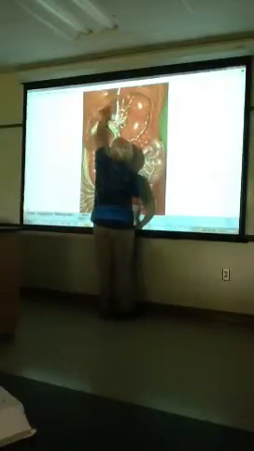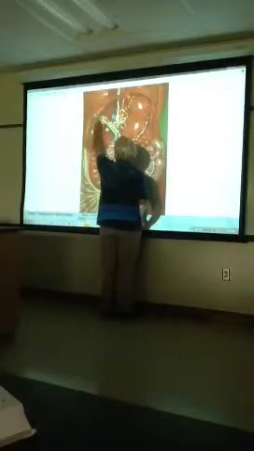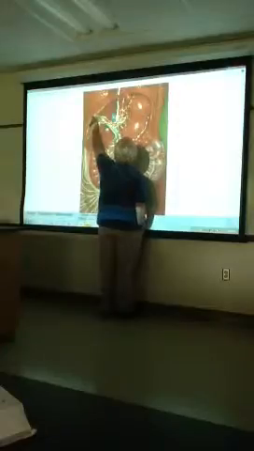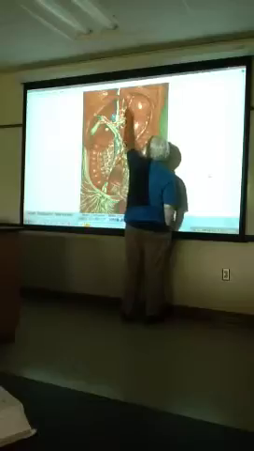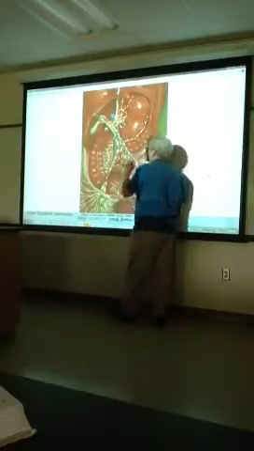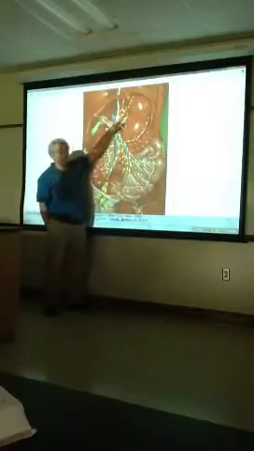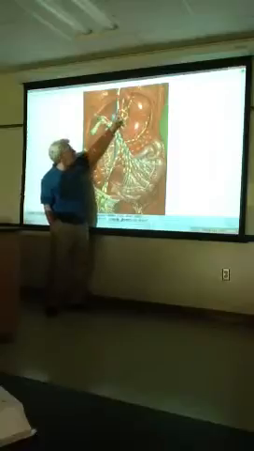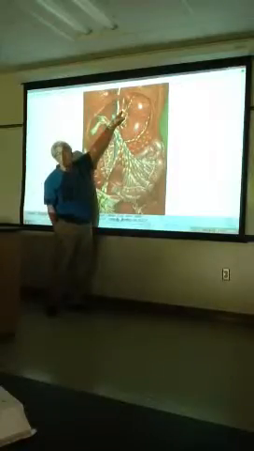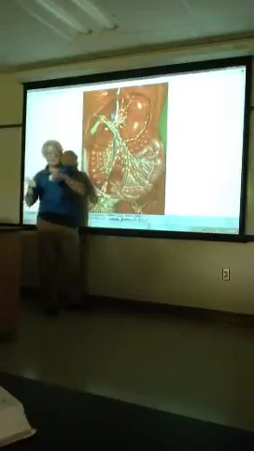This is your liver here. So anything close to my liver would be hepatic lymph nodes. Anything on my stomach would be gastric lymph nodes. Anything on this red blood vessel would be my celiac lymph nodes, because that's my celiac trunk, the one that goes to my spleen, my pancreas and my stomach.